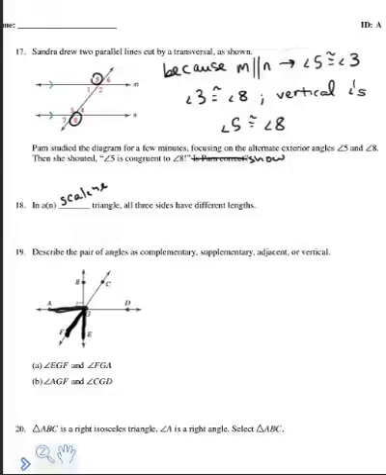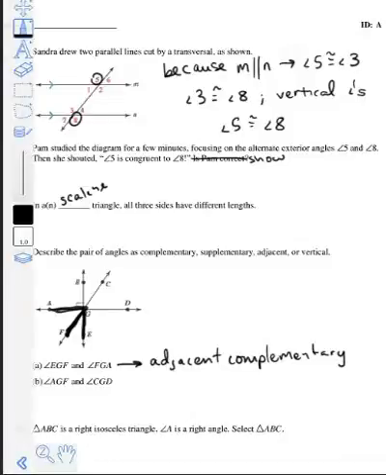Those two are adjacent because they share one side in common, and the measure of the two angles is 90 degrees, so we would say complementary. Now I'm not just saying they look like they're 90 degrees, you have to use markings on the diagram.